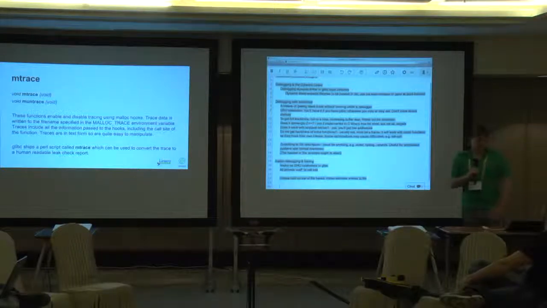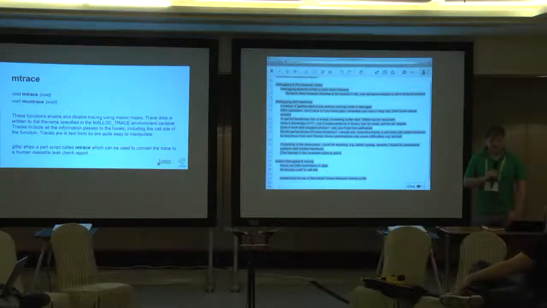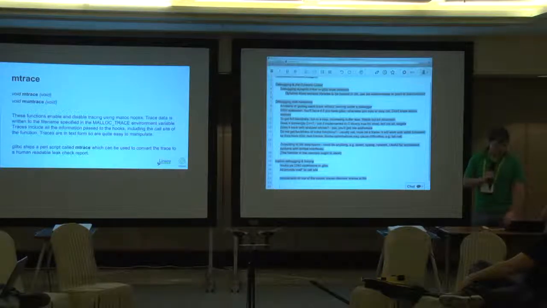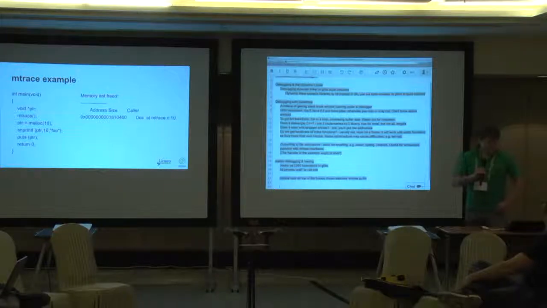So if you've got concerns about how your heap's growing, you can use this file with a bit of Perl, a bit of shell script or something to give yourself some quite quick and easy numbers. So here's just a quick example that does a little malloc, plays around with it, and then quits out.